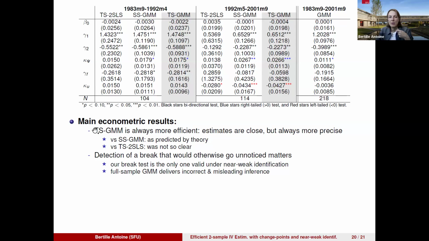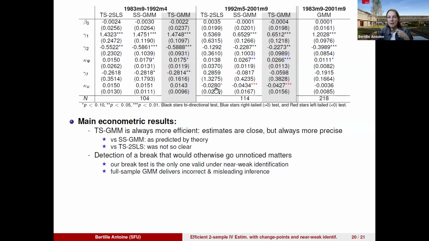The comparison between the two-sample GMM and the two-sample 2SLS is less clear. In general, the estimates and their standard errors can be quite close to each other, but in some situations it makes a difference, and two-sample GMM is much more precise than two-sample 2SLS.